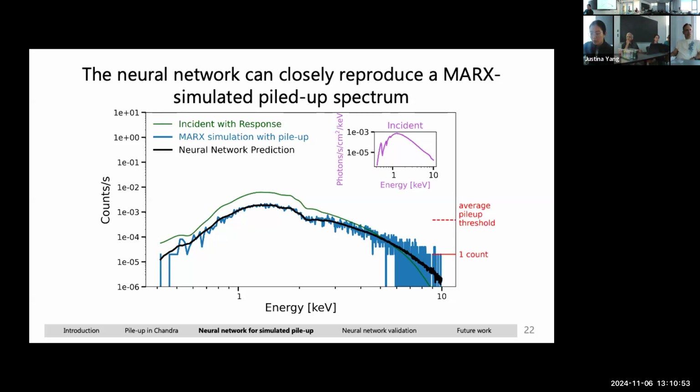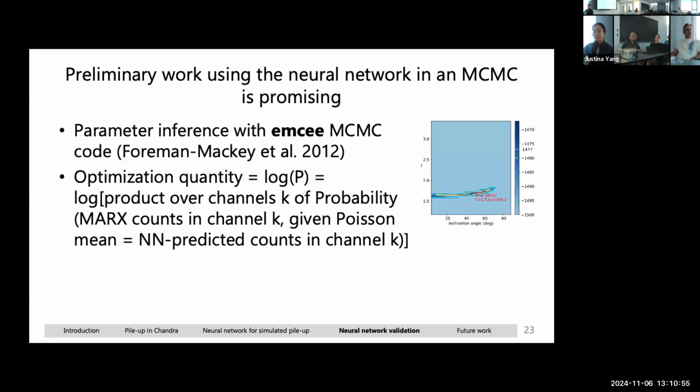Okay, so let me show some preliminary work using this in an MCMC, where the MCMC is attempting to optimize a log probability that is the product over all channels of observing the blue MARX spectrum in that channel, assuming that the mean of the photon distribution is what's predicted by the neural network in black. Sorry, I didn't color code these.